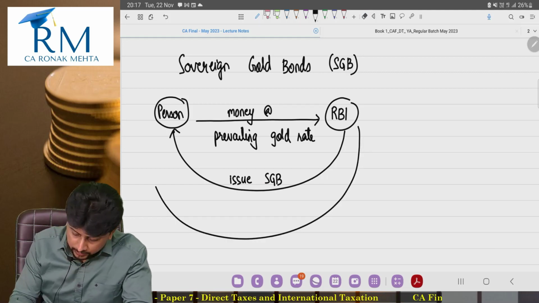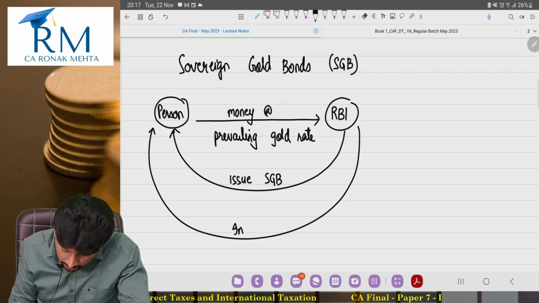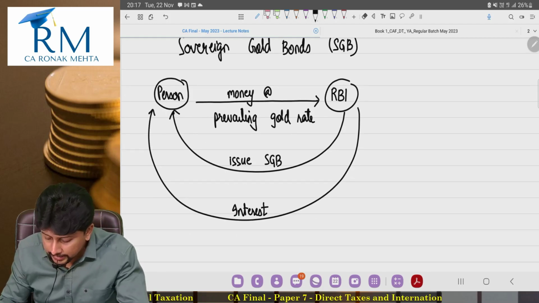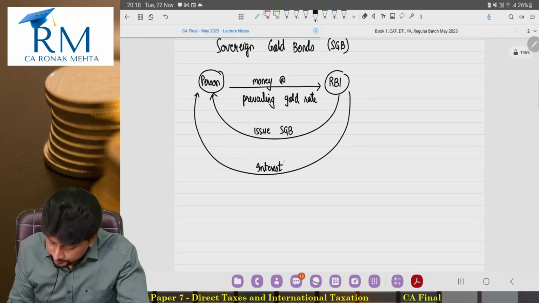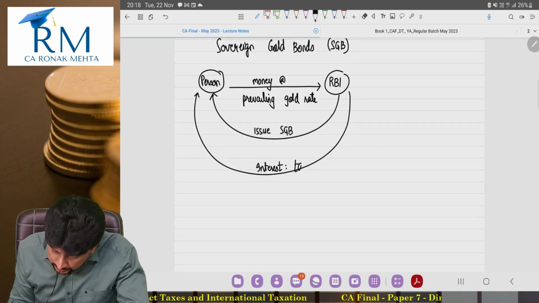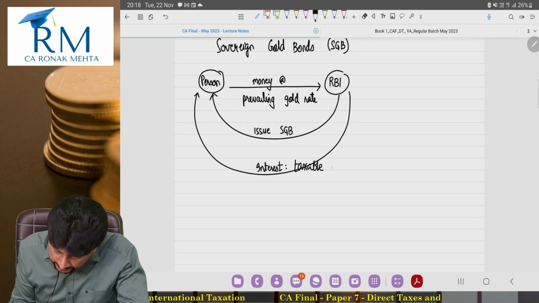On this sovereign gold bond, you will earn interest also. Very nominal interest, 2%, 2.25%, and like any other normal interest income, this interest income is going to be taxable as income from other sources.